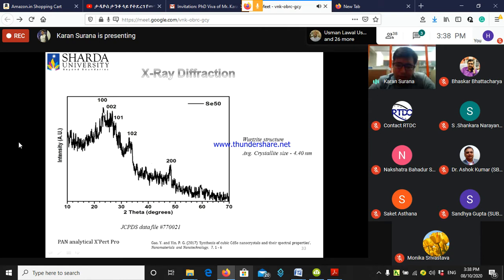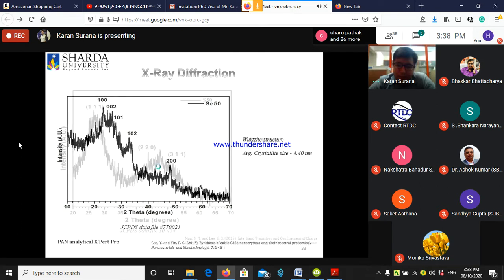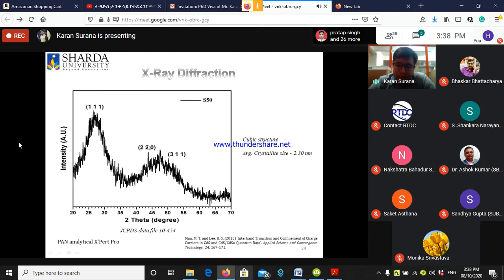Again, the CdSe quantum dots prepared here were of Wurtzite phase, and the average crystallite size obtained was 4.40 nanometers. Next, for the CdS quantum dots, we obtained a cubic structure with a crystallite size of 2.30 nanometers. In some cases, these two peaks are resolved, and in some cases, these two peaks combine together to form one single peak.